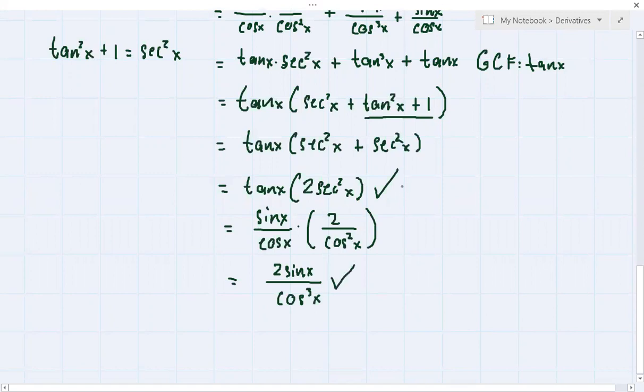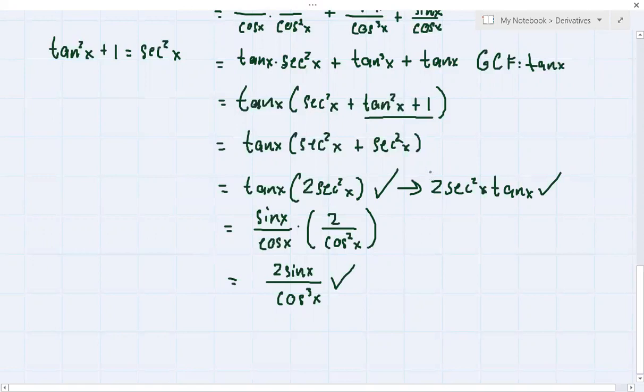So pwede na rin to. Oh, by the way, if you're going to multiply tangent x times 2 times secant squared of x, magiging ano na to? 2 times tangent x secant squared x or 2 times secant squared x times tangent x. Pwede rin to, guys. Pwede rin to.